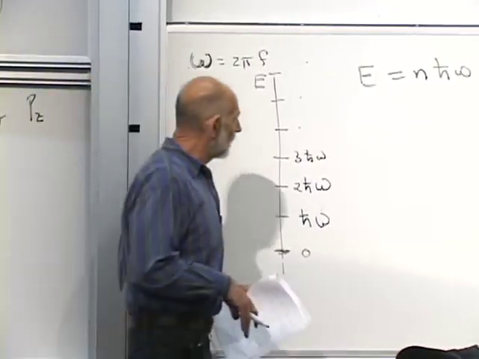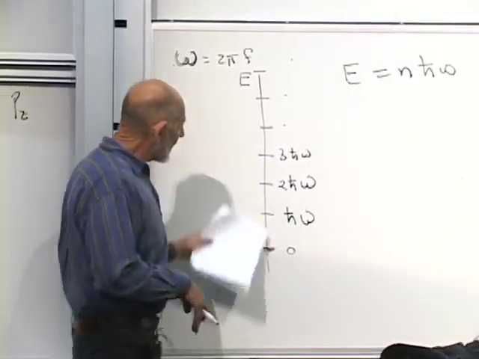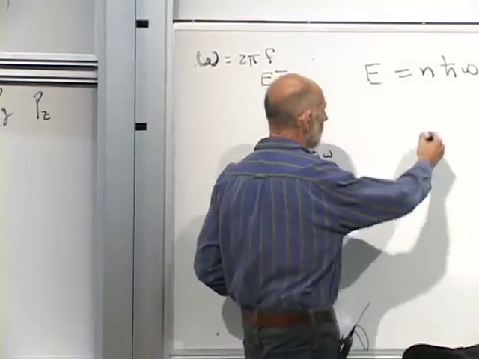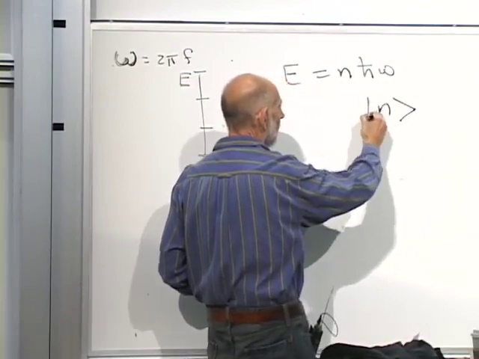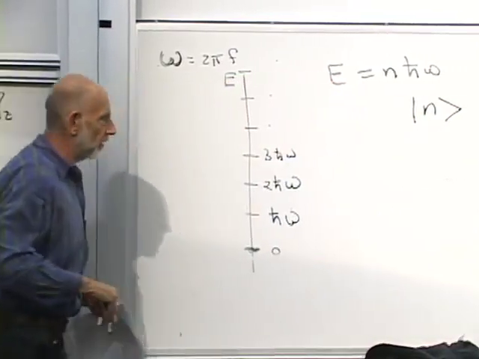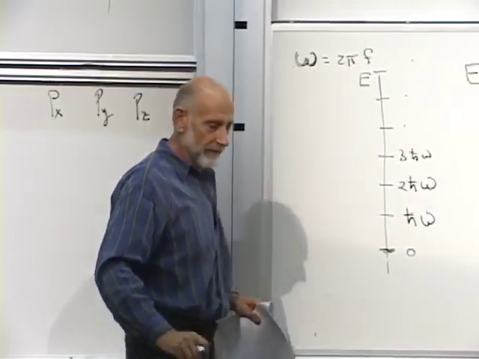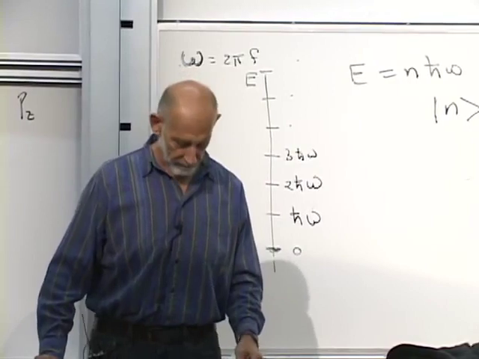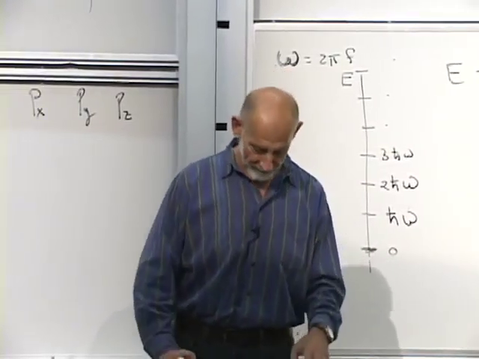Mathematics of it, we don't need to get into. We label the various states of the oscillator by an integer n, and it's conventional to just label the states of the oscillator by a little pointy thing like that. It's called a ket. It's called a ket because it's the right-hand side of a bracket. But we don't need the bra end of it. We only need the ket end of it.